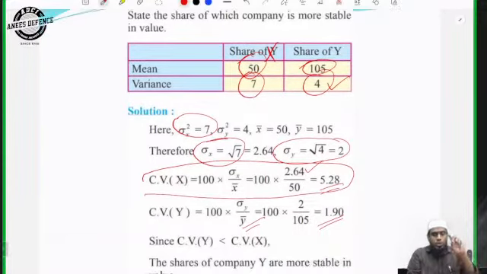So coefficient of variance is used where the observations are of two different entities or two different units. In such a case, if you want to compare two different sets of data, the best is to use coefficient of variance. So these are the topics we have to deal with in measures of dispersion.